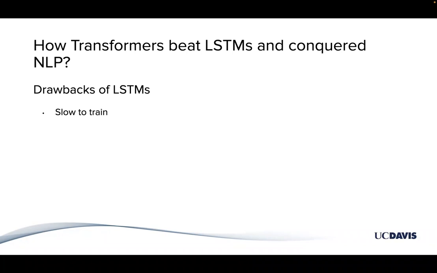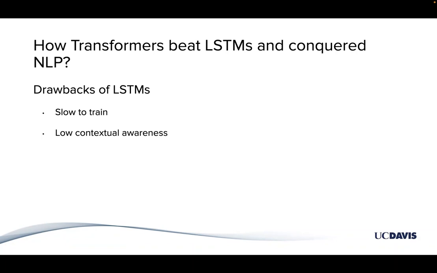So this kind of architecture doesn't take advantage of today's GPUs and massive parallel processing, because GPUs are optimized for parallel processing. And coupled with the added complexity in an LSTM in the form of multiple gates, LSTMs are even slower to train compared to RNNs.